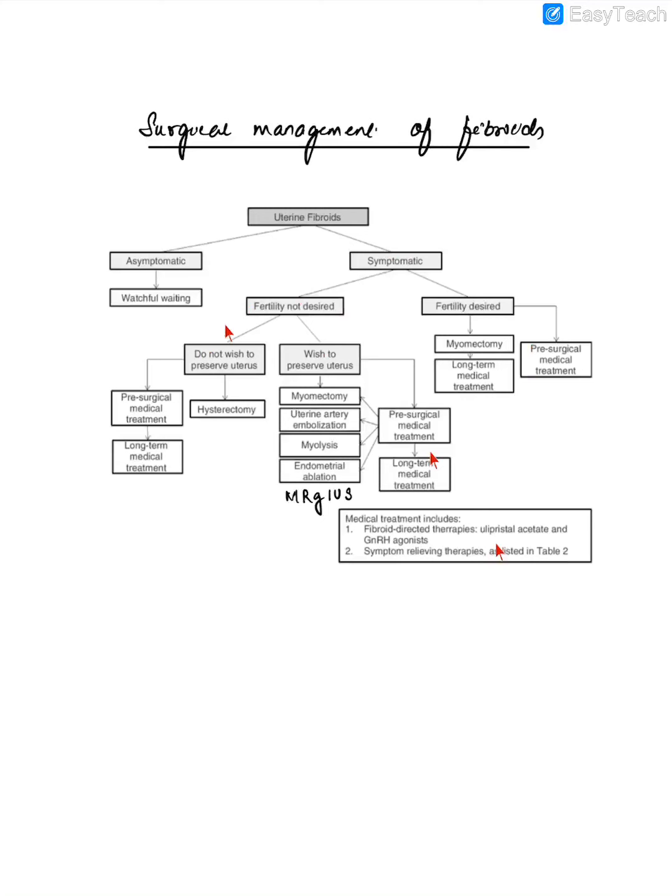If fertility is not desired but still the patient wishes to preserve the uterus, we can go for myomectomy, uterine artery embolization, myolysis, and endometrial ablation. If the patient does not wish to get pregnant and does not wish to preserve the uterus, we can go for hysterectomy.